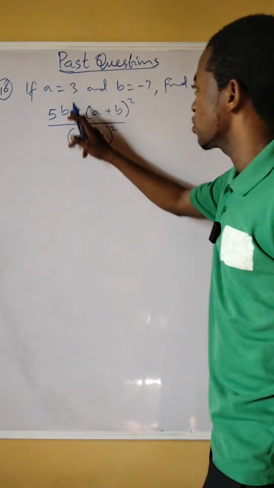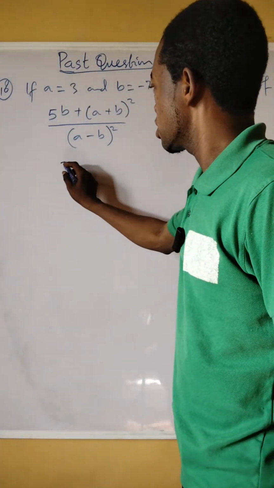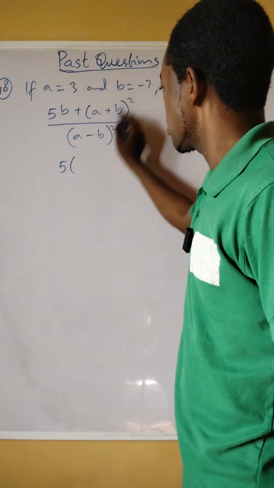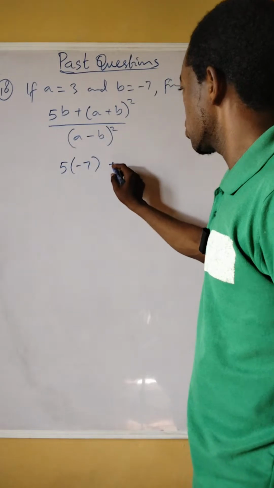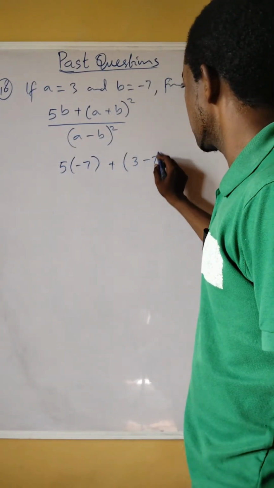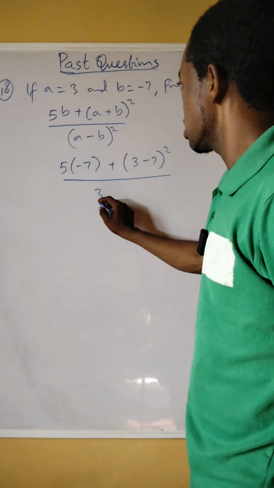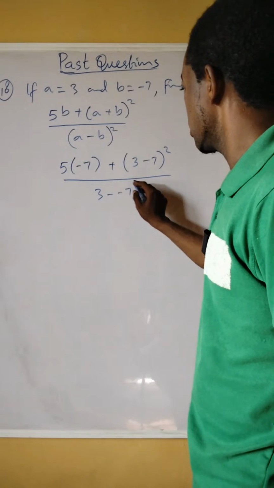So we have been given the values of a and b, so we just need to substitute. This becomes 5 times minus 7 plus, in brackets, 3 minus 7 all squared, then over 3 minus 7 all squared.